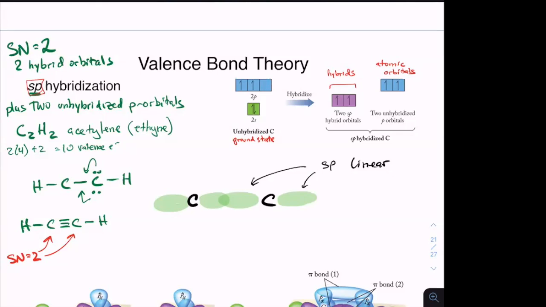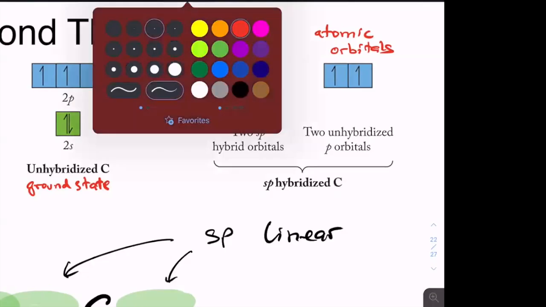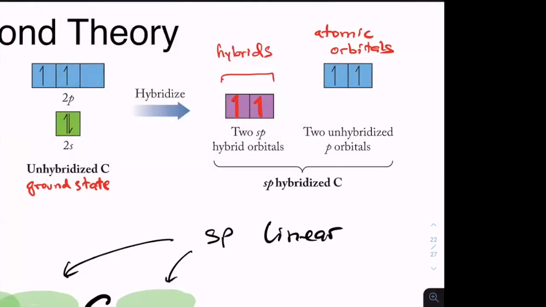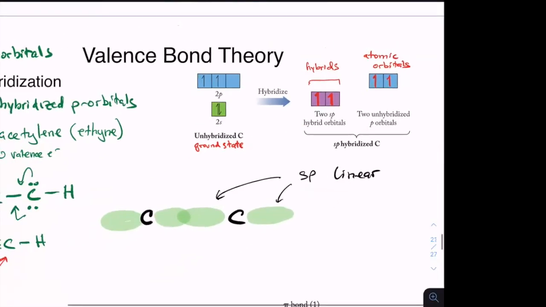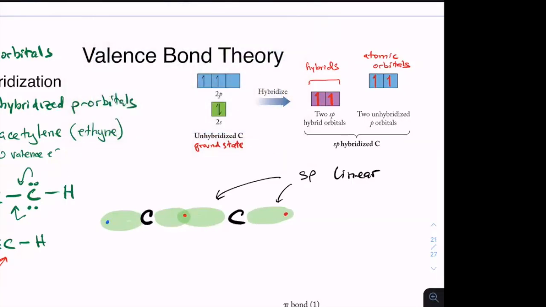And when you look at the finished product, each one of these is going to have one unpaired electron in it because carbon's going to coordinate up to 4 things. 2 of them are here in the hybrid orbitals, and 2 of them are here in the unhybridized p orbitals. Well, let's draw in the ones in the hybrid orbitals. Here's 1, 2 for the one on the right, and then I'll just use blue for the ones on the left here. 1, 2.